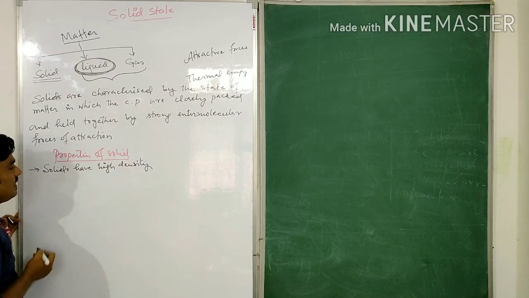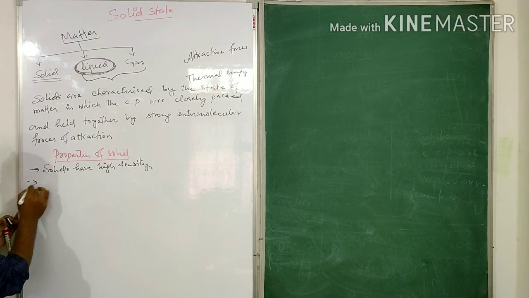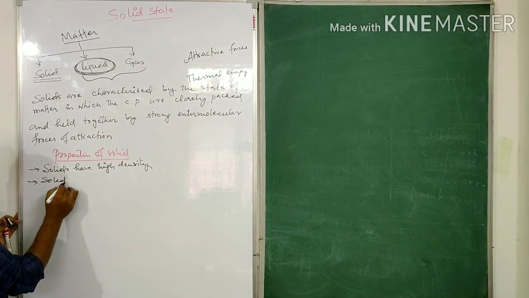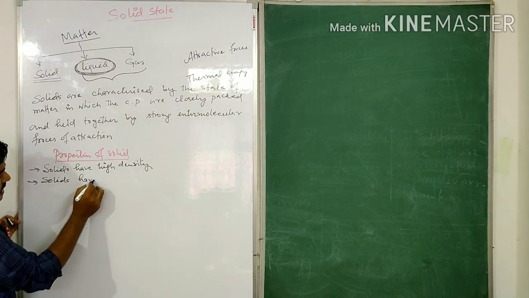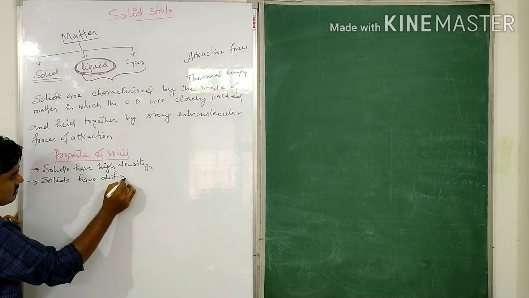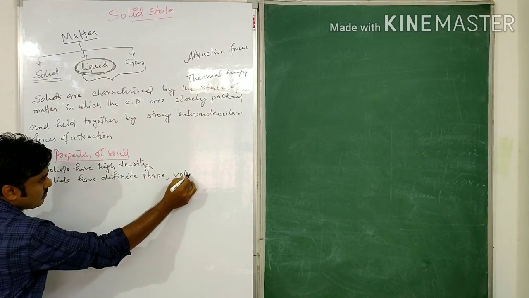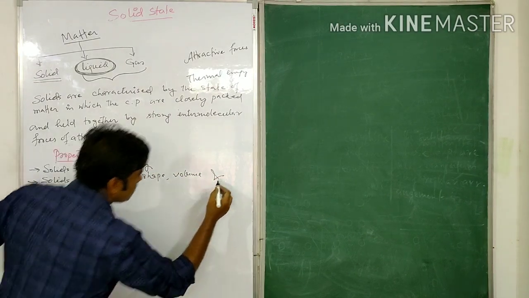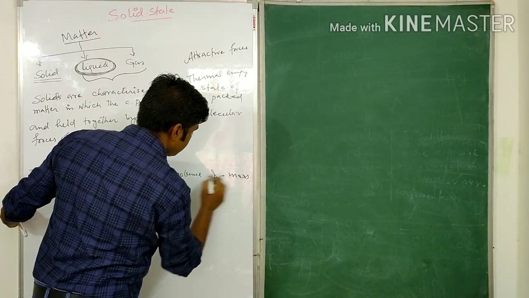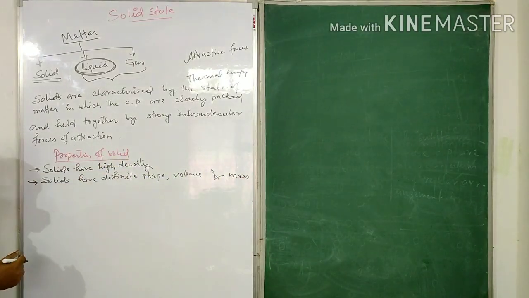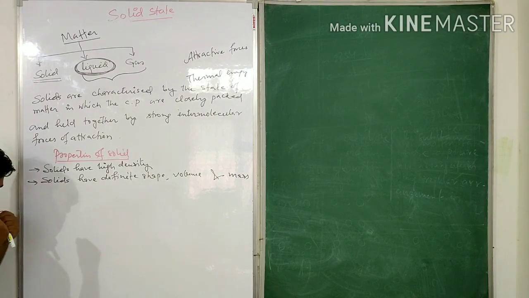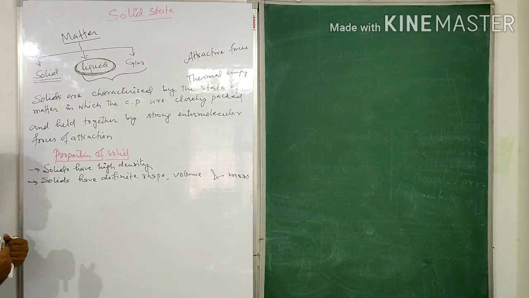Number 2, solids have definite shape, volume and mass. This is a fact. Solids have definite shape, definite volume and definite mass because in solids the constituent particles are closely packed.